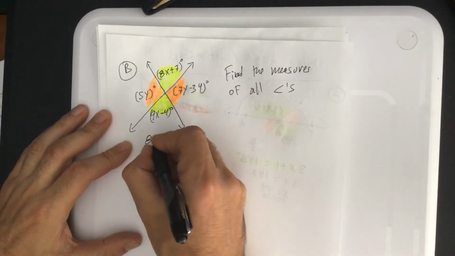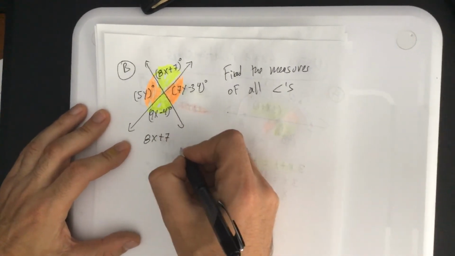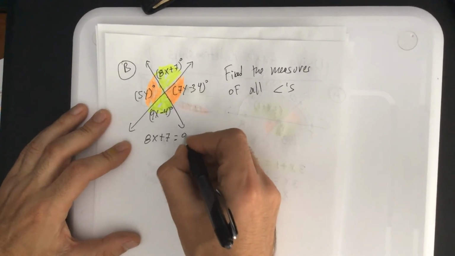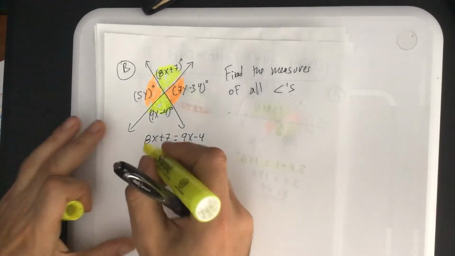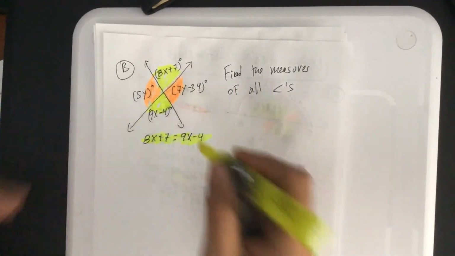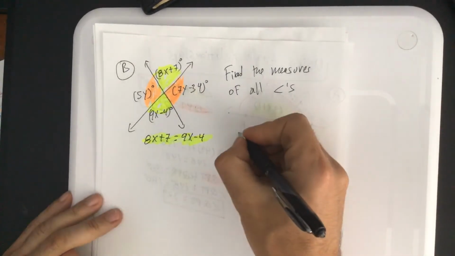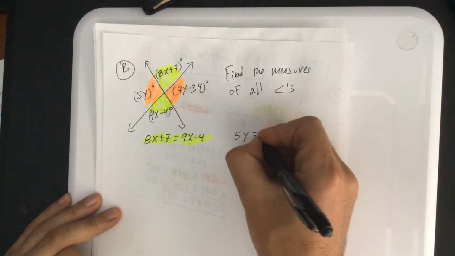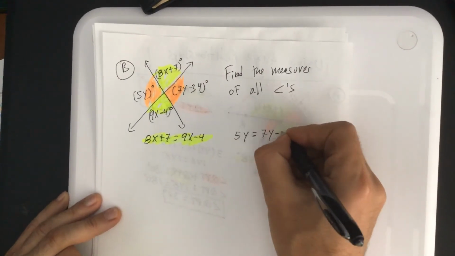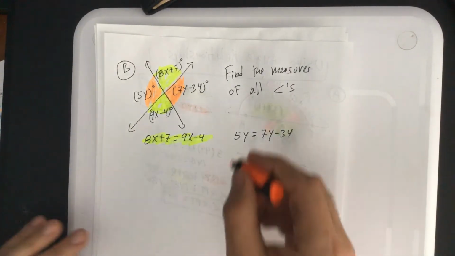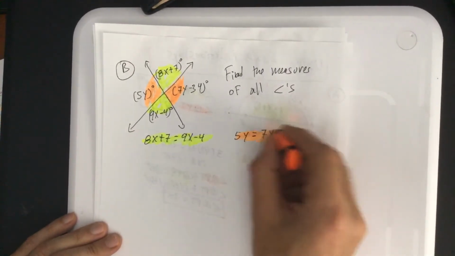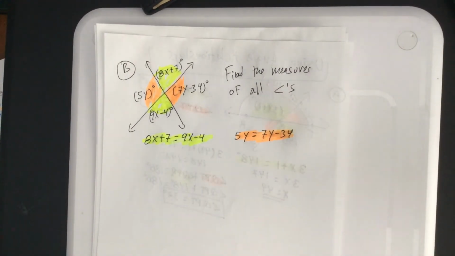So we set up the equations here. 8x plus 7 equals 9x minus 4, okay? Those are a pair of vertical angles. And I have the other one, 5y equals 7y minus 34. That is my other pair of vertical angles.